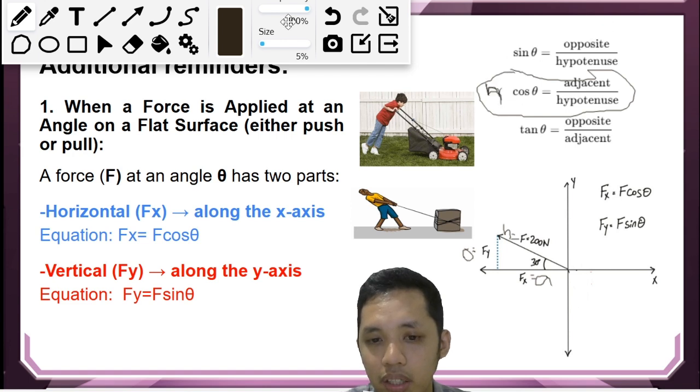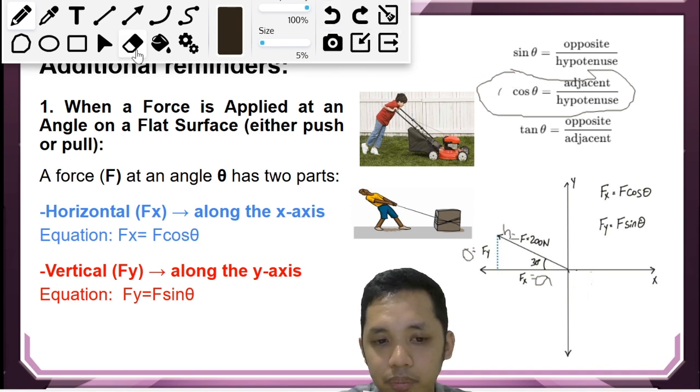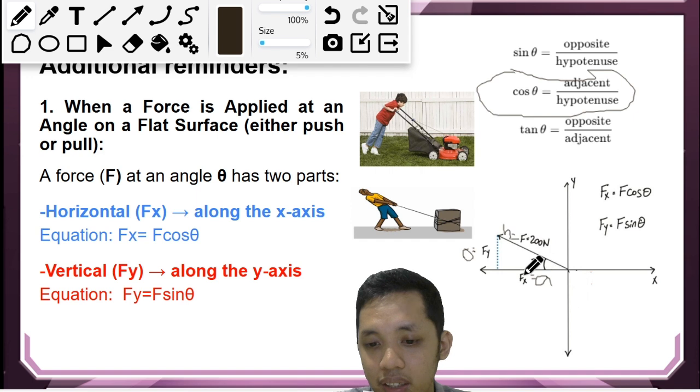Again, we have to isolate adjacent. It's because that's the one we are looking for, the f of x, adjacent side.